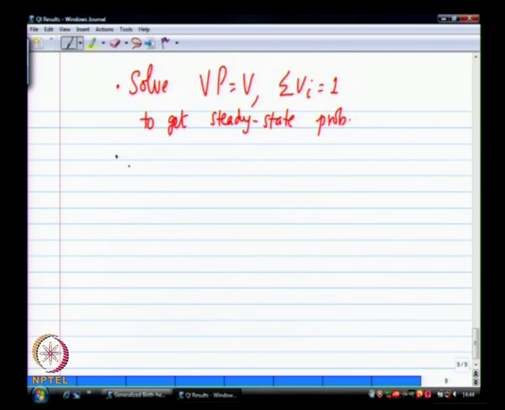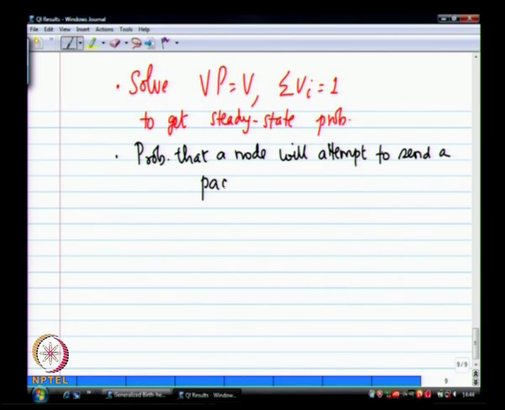So what is the probability that a node will attempt to send a packet in a slot?